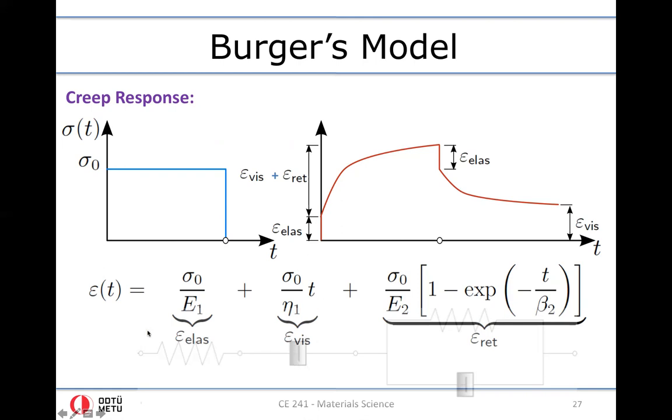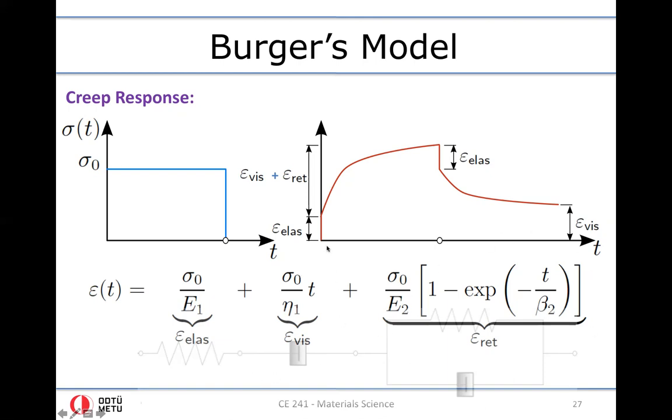That means when you look at the creep response, there are three terms. The first term is the elastic term, that is the instantaneous elastic response due to the spring, and that is recovered immediately. We have another term due to the Kelvin model that is recovered with certain time, that is recoverable but not instantaneously, but in a retarded fashion.